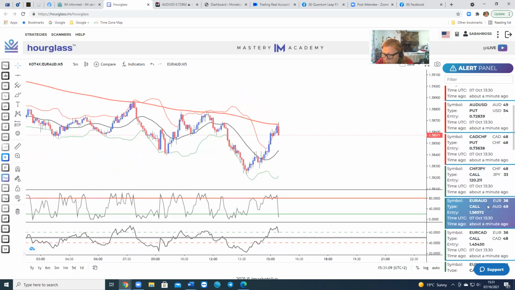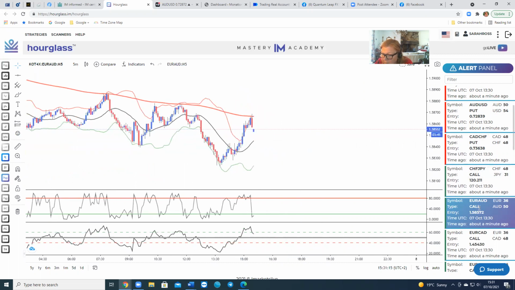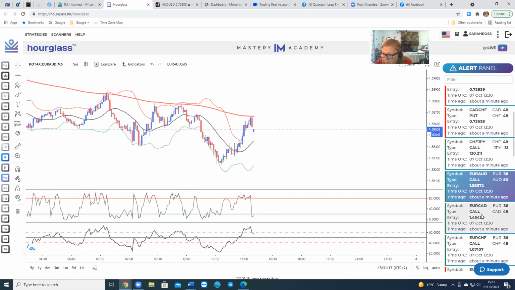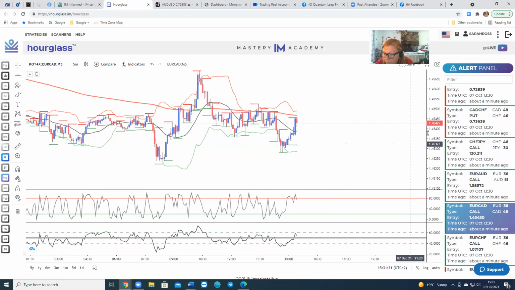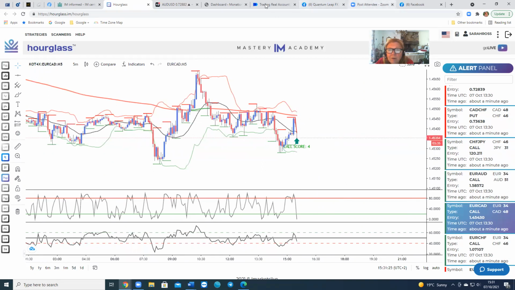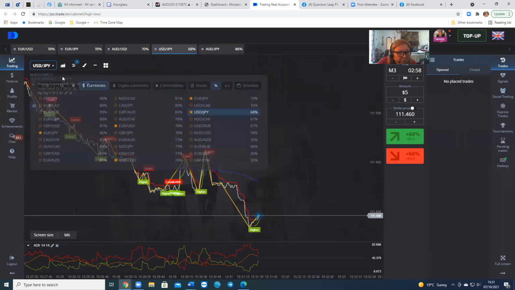Euro AUD is a fast-moving pair, 36. That's already moved. Euro CAD 36 to 48, that's moved. It's at 429. It was called at 430. Euro CAD, I won't have these on my TradingView. I don't know what the payout is on that.